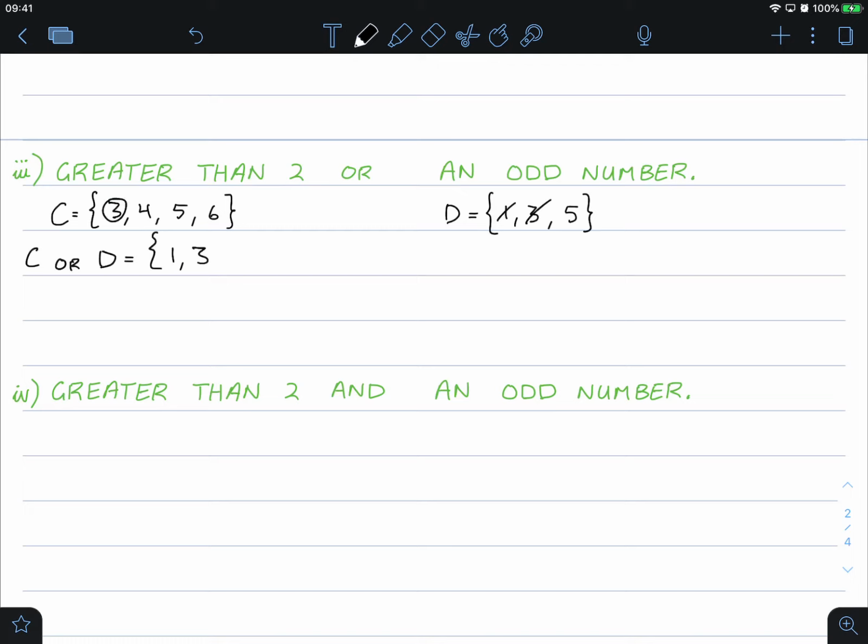But we've already counted the 3 once, so we don't count it again. 4, 5. And again, there's another 5, but we don't count that twice. And 6. There's our group, event C or D. So the probability of C or D are these numbers here: 1, 2, 3, 4, 5. 5 out of 6.